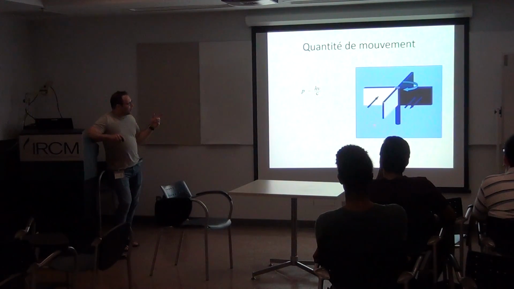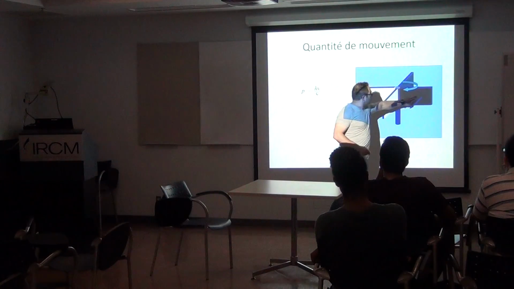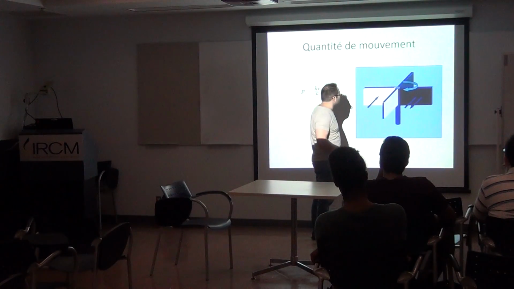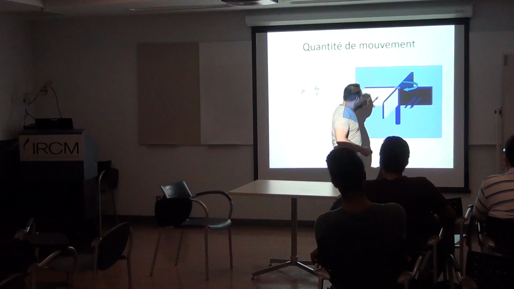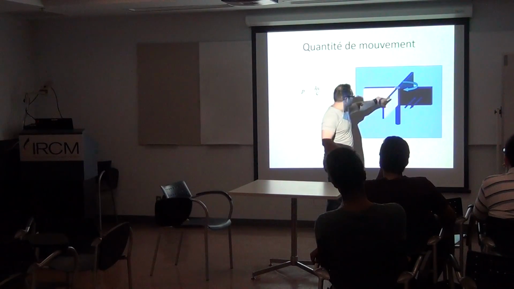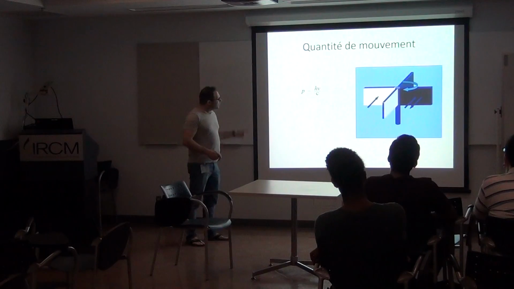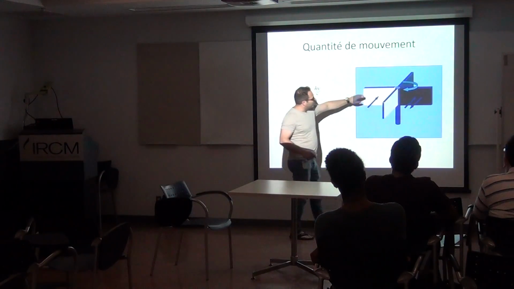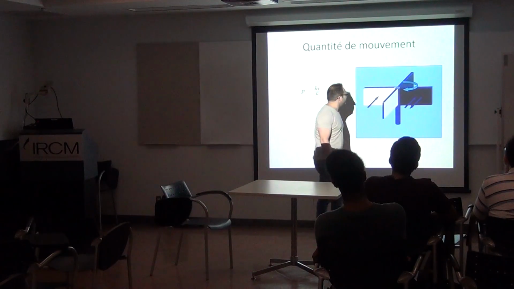So the drawing is not good at all, actually. It would be those that would go there, because the photon will be absorbed by the black side while it's going to be reflected here. Sorry for the drawing, which is not good. So it's going to be the opposite. Totally wrong.